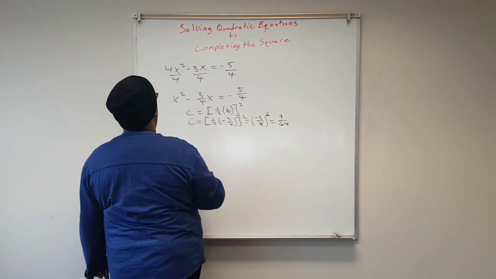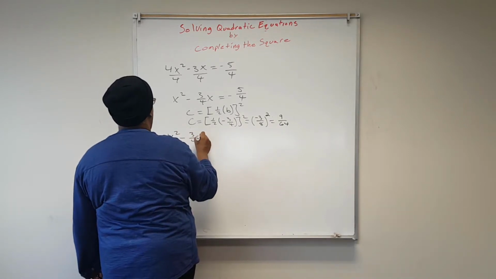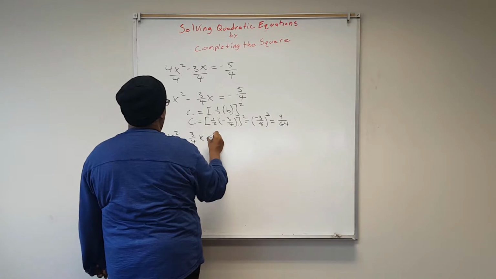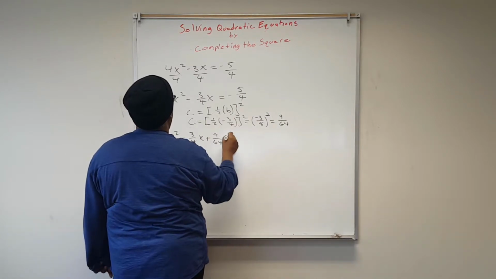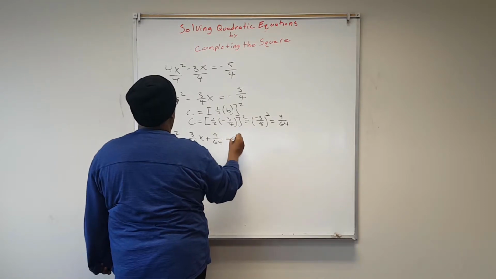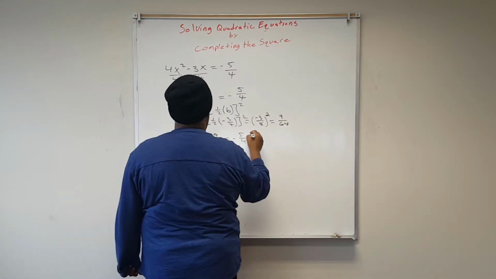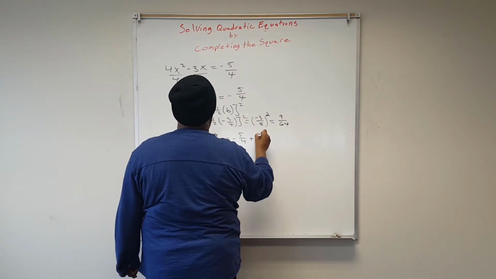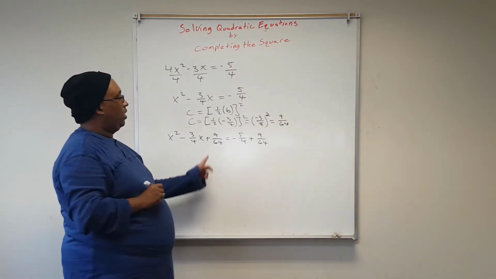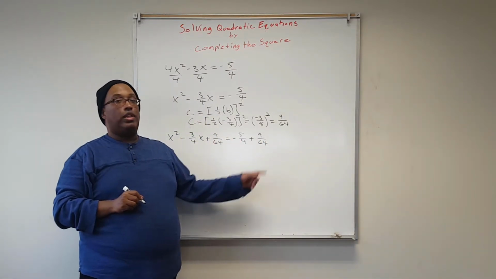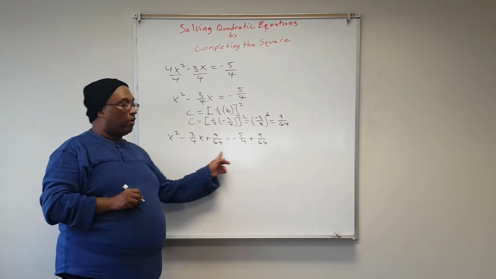We're going to add that to both sides. x squared minus 3/4 x plus 9/64 equals negative 5/4 plus 9/64. Whatever you add to one side, you have to add it to the other side. The reason we added it to this side was so that we could have a perfect square trinomial.